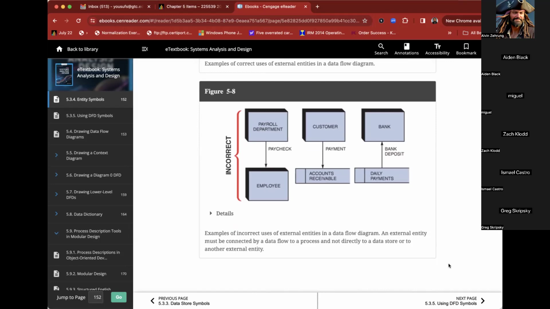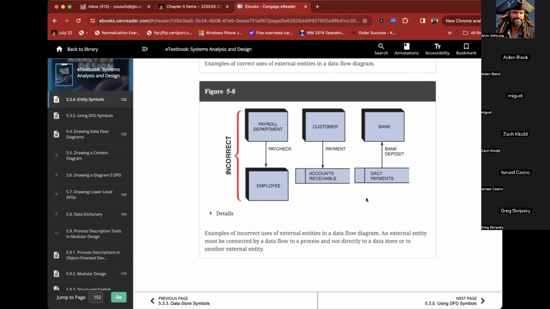After looking at the rules for all three symbols, how many symbols did we look at in total? Four. Okay.